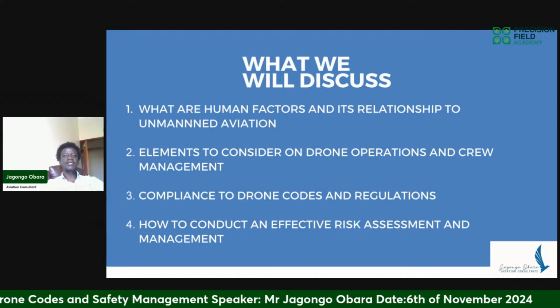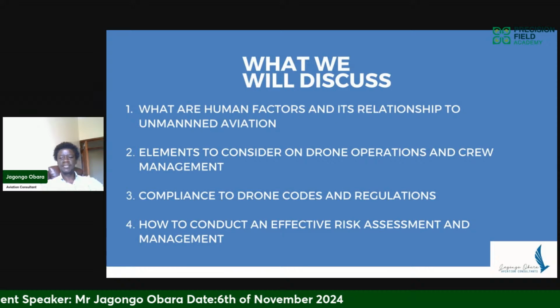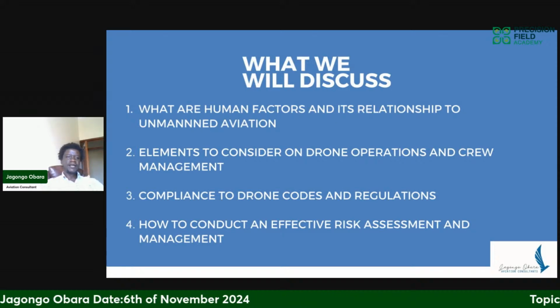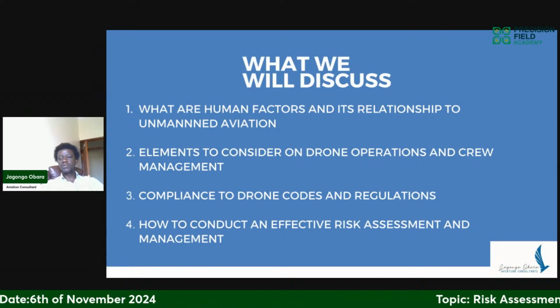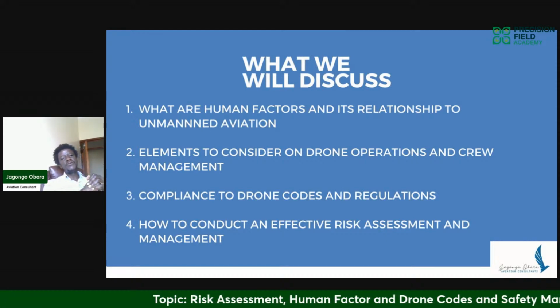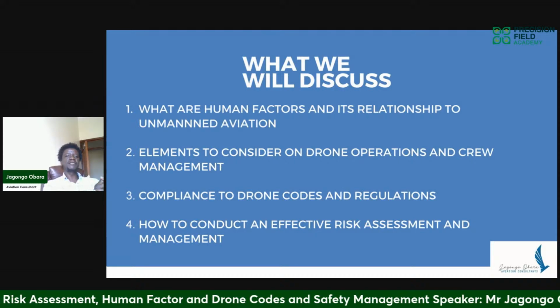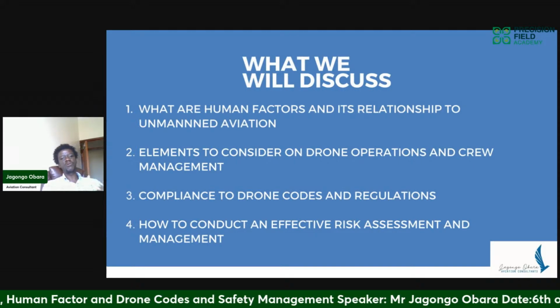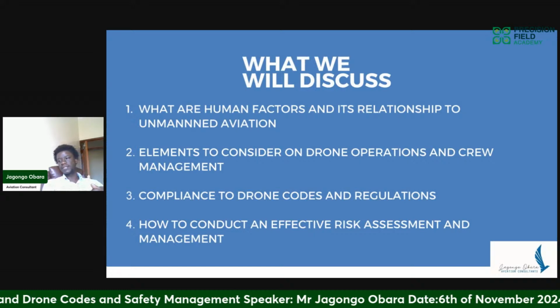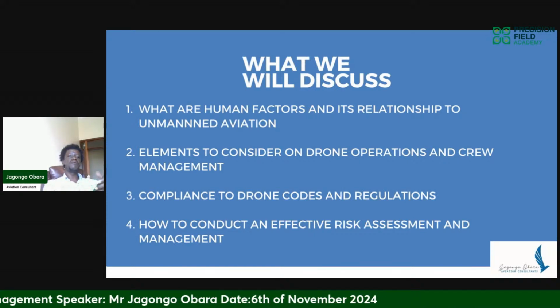The second element we'll be looking at is drone operations and crew management. Generally, in most scenarios, especially for agricultural operations, you do not go out into the field solo or alone. As much as it requires one pilot to fly the aircraft, you need somebody on the ground probably to be observing the weather.